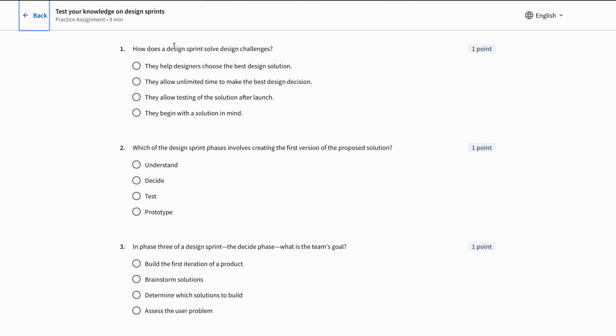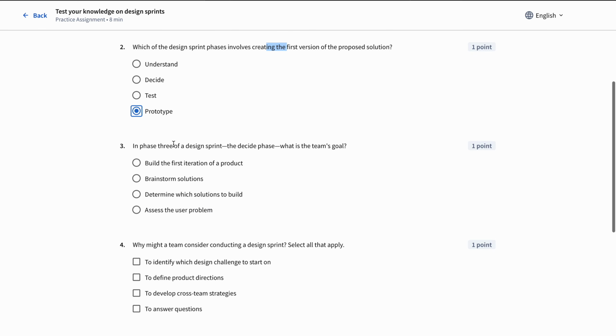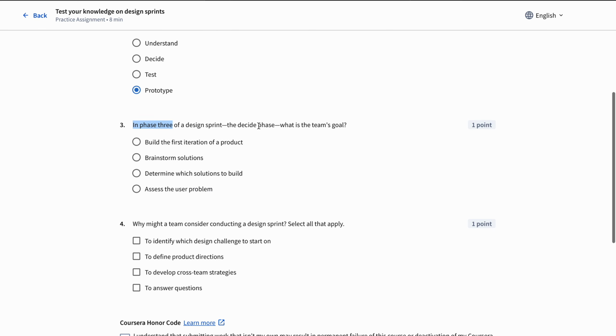How does a design sprint solve a design challenge? What is phase 3 of a design sprint?